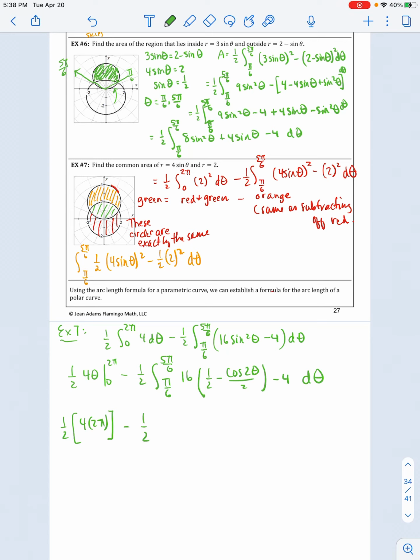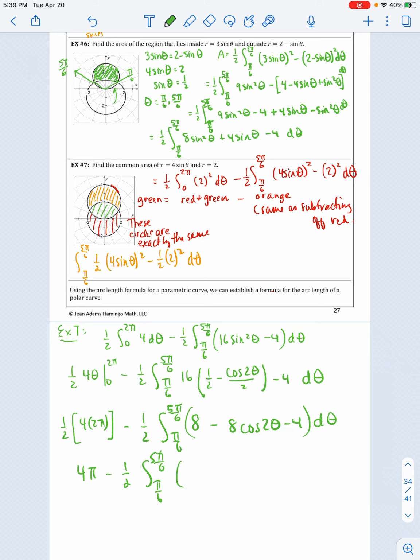So this one, we can go ahead and say 4 times 2 pi minus 4 times 0. And this will give you 4 pi.